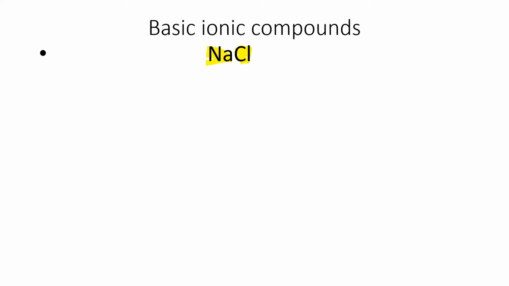Now, even for the simple examples, I can't stress this enough or encourage you to do this any more than the great amount I can. This is really, really important. Write out the ions that you have. Anytime you have an ionic compound, I want you writing out the ions that you have.